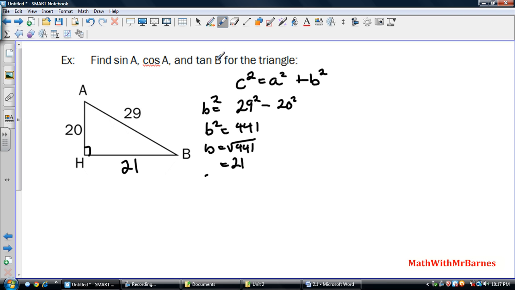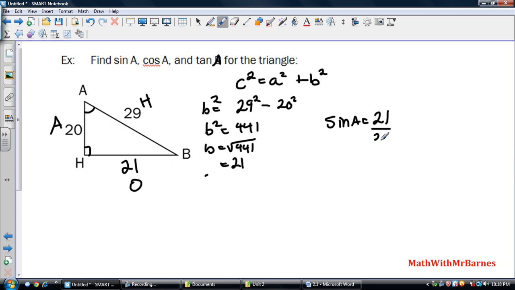So now I need to be able to do sine of A, cos of A, and tan of A. A is up here, so this is the hypotenuse side, this is the adjacent side, and this is the opposite side. Again, that's really important to be able to do. Sine is opposite over hypotenuse, so opposite 21 over hypotenuse 29.